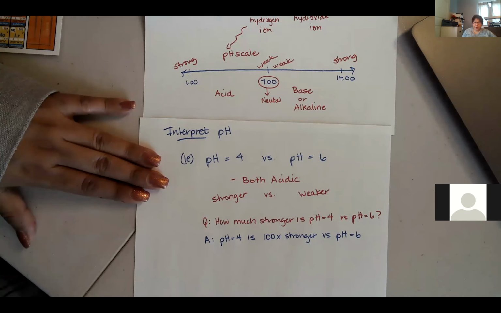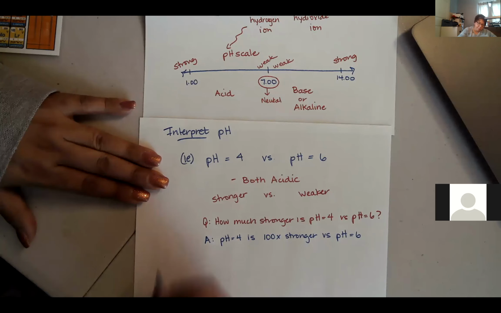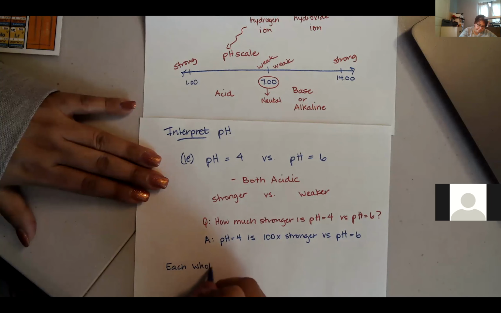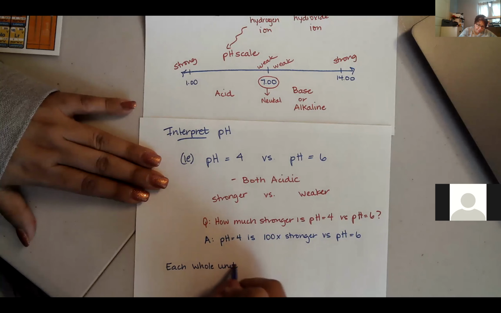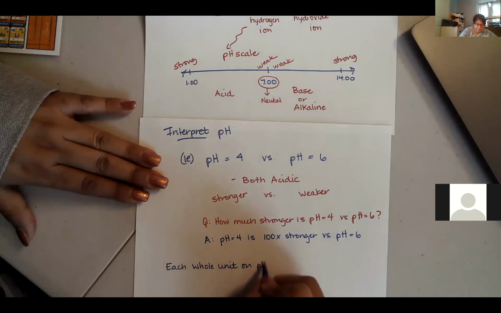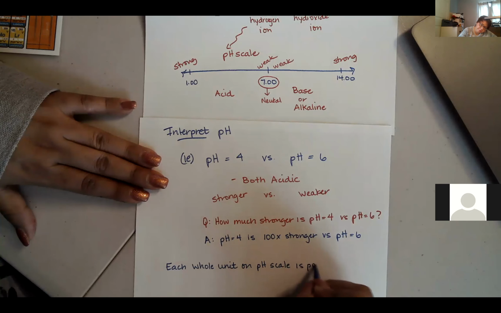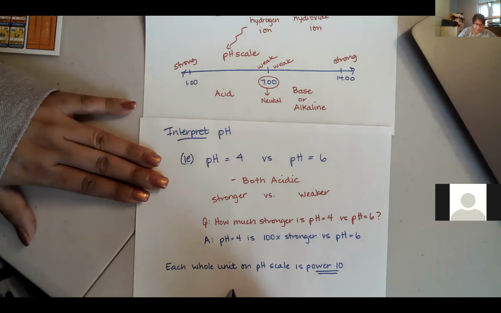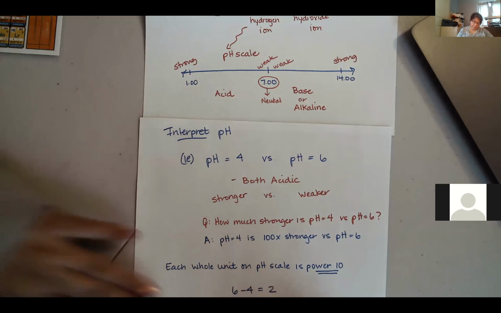So how do you know? Well, each whole unit on the pH scale is a power of 10. So I know that 6 minus 4 equals 2, right?